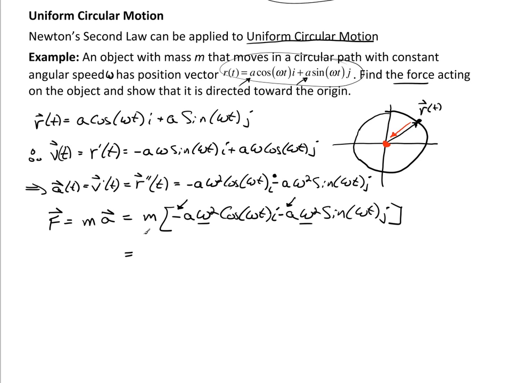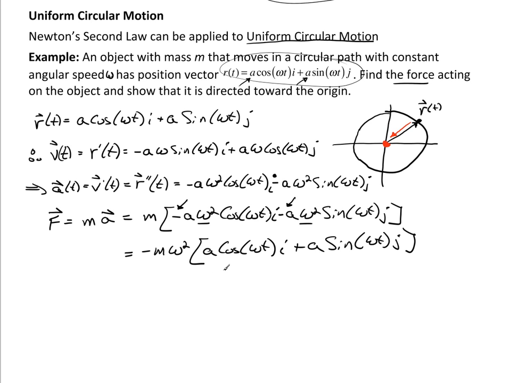So if I factor out the negative and the omega squared, I'm going to have a negative mass times omega squared times a cosine omega t i plus a sine omega t j.